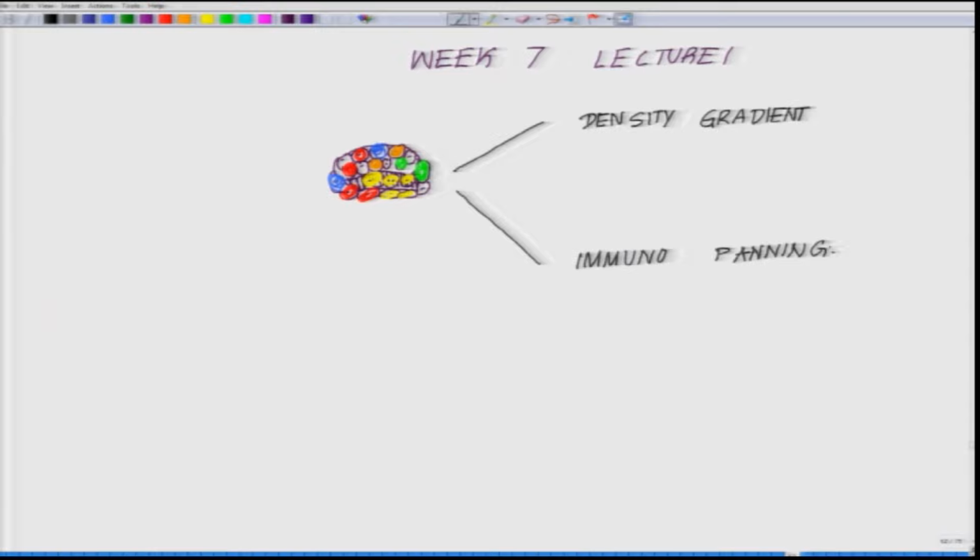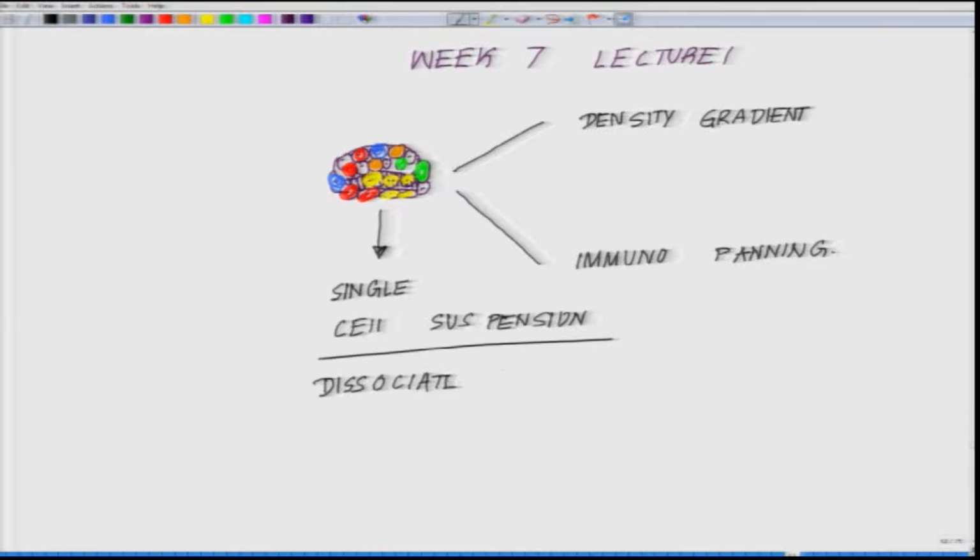Now, for both these techniques, what is very essential is that from this mass you get a single cell suspension, and this means essentially that if you dissociate the tissue, what you will be getting is something like this.